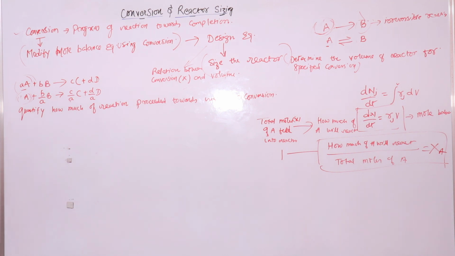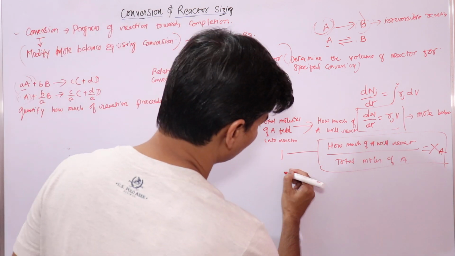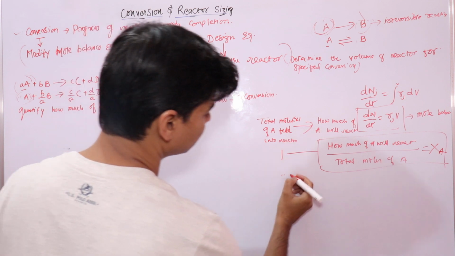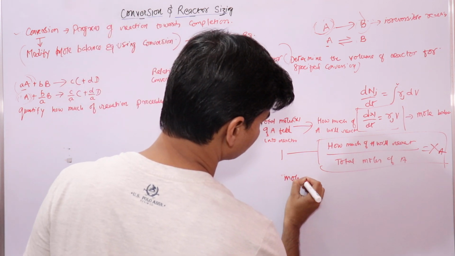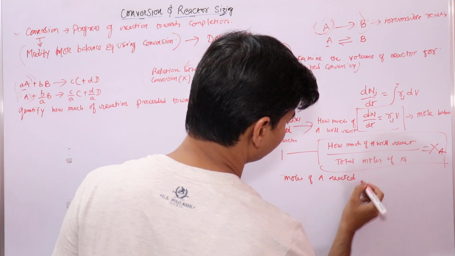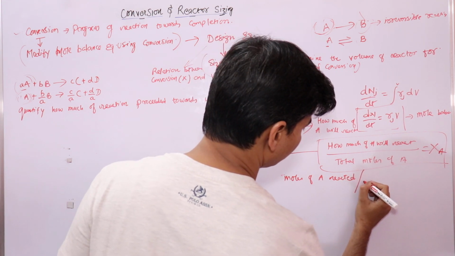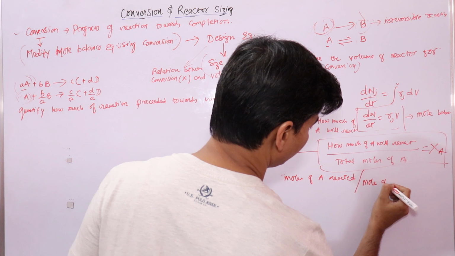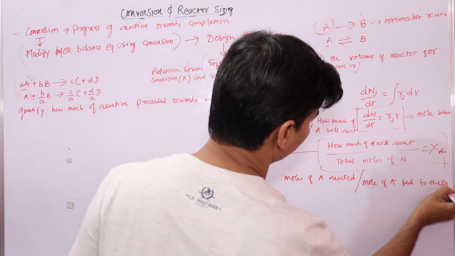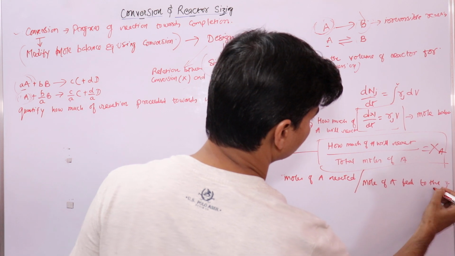So conversion XA, I'll repeat, is the number of moles of A that have reacted per mole of A fed to the system, to the reactor, I'm sorry.